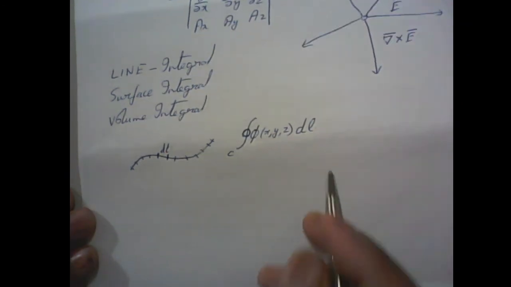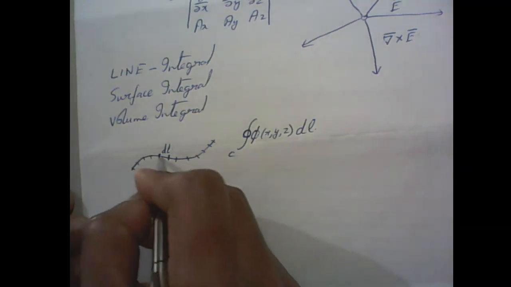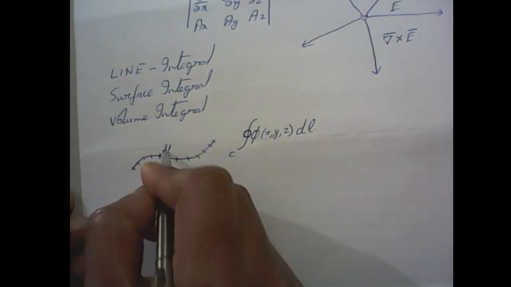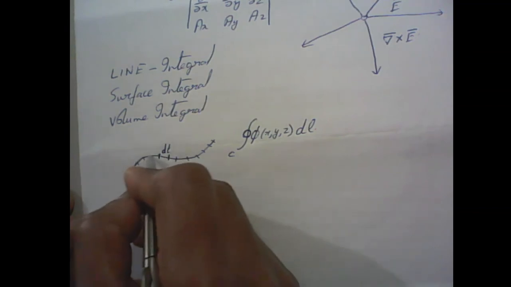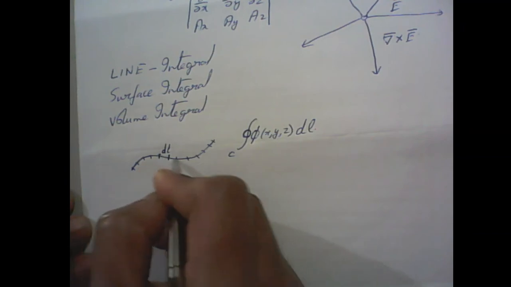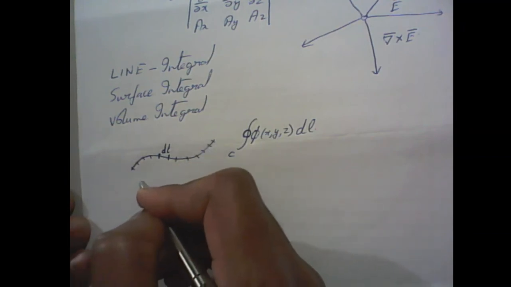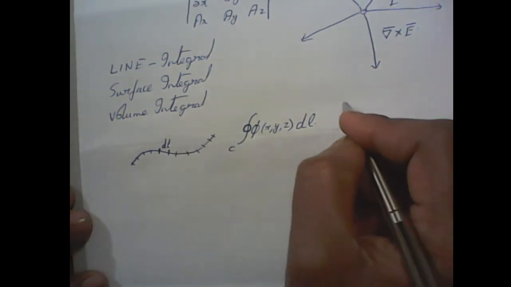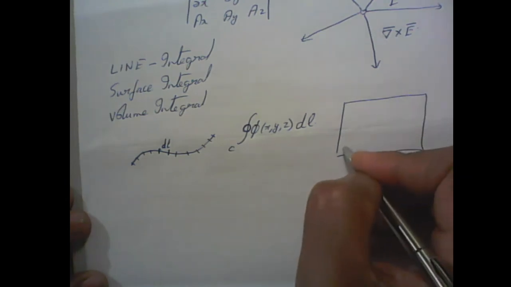Okay, what is a surface integral? You can imagine an ant moving on the line. What is changing is only its displacement along the line. It can't move out any other way. So only one variable is changing, the displacement along the path or the line or the curve. This is a line integral. Now what is a surface integral? Same thing, you can imagine an ant moving on the surface of this paper that I am holding.